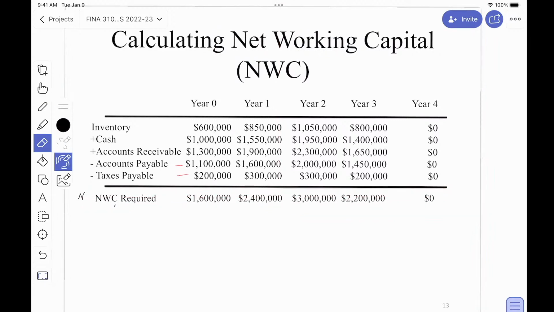Okay. All right, so you've calculated the net working capital requirements, current assets minus current liabilities.